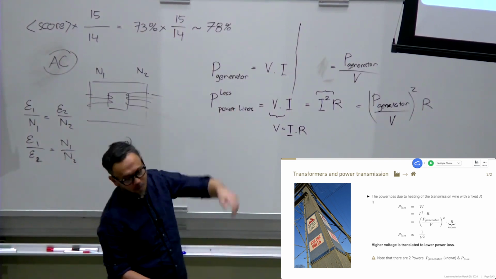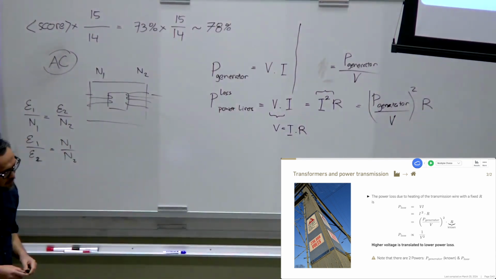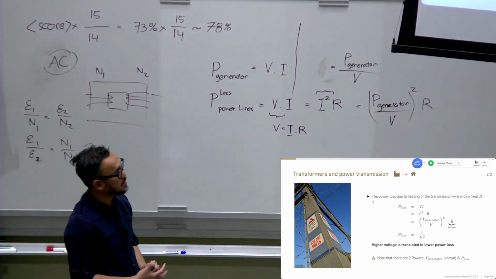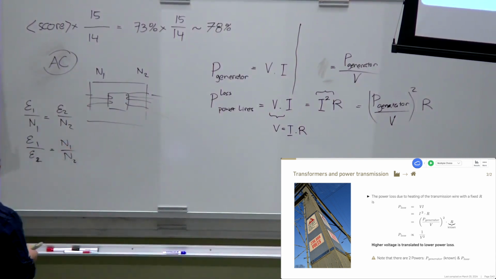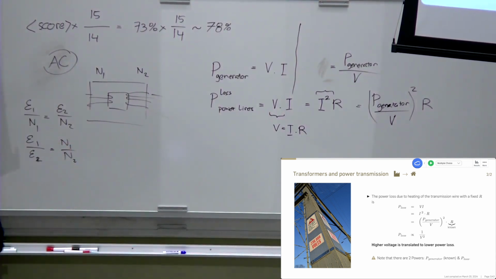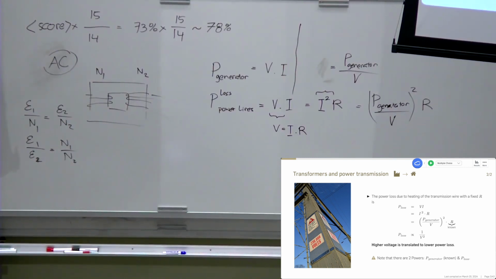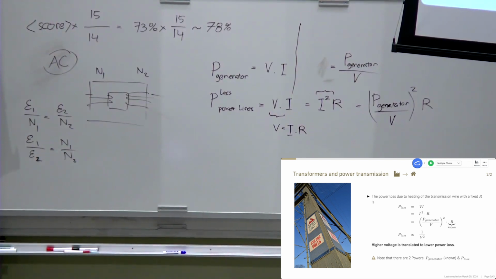This is why for power lines, they want to increase the voltage to on the order of 1,000,000 volts. So in real life, the reason why we have an efficient electrical or AC civilization is that we have a step up generator here. At this point, the voltage is on the order of 1,000,000 volts.